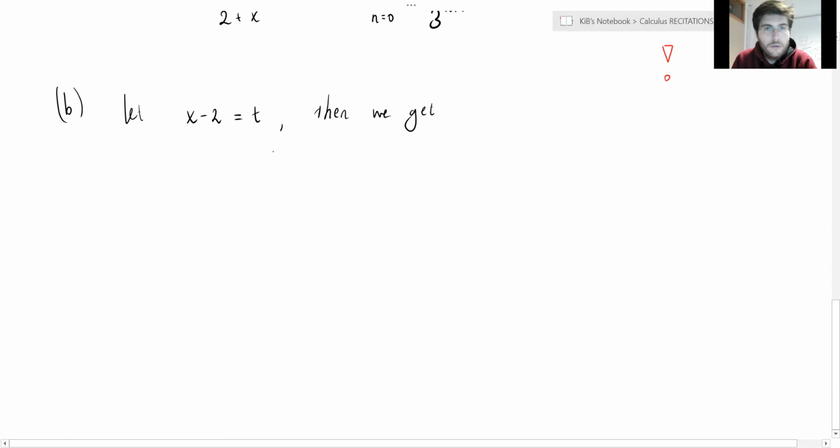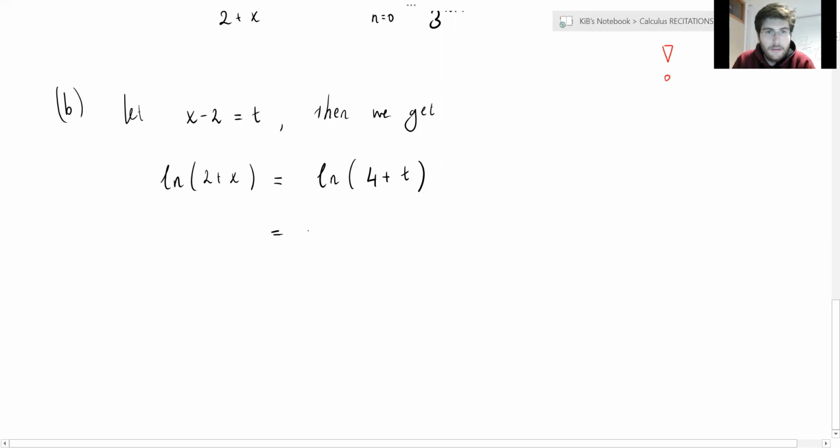Of course, we should write everything in the language of t. So we start with this function. Now in this new coordinate t, this is just logarithm. Instead of x, we have t plus 2. So we have 4 plus t.